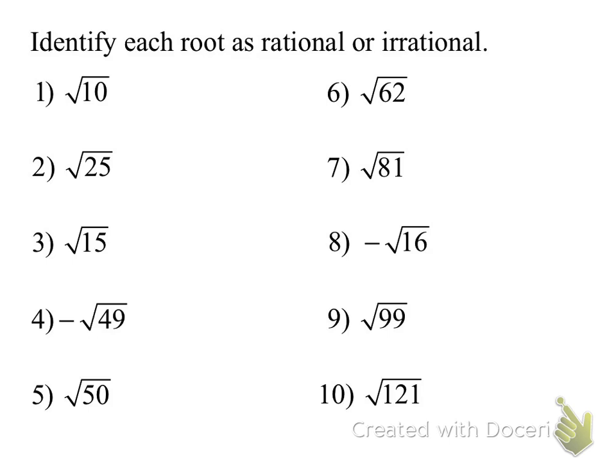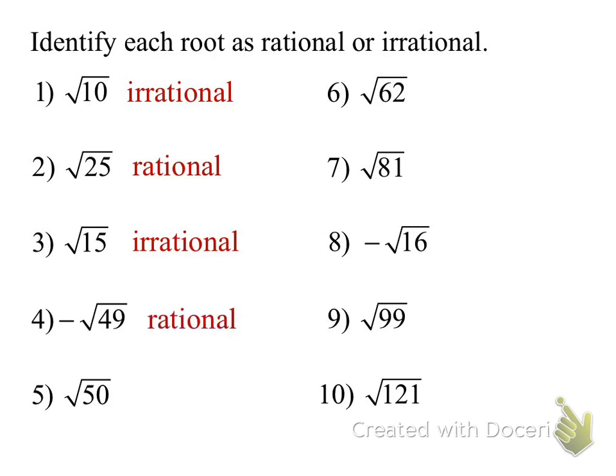Okay, number 1. Let's go with Brianna. Is it rational or irrational? Irrational. Good. Number 2, Jamie. Rational. Good. Number 3, Chloe. Irrational. Good. Number 4, Maddie. Rational. Good. Negative 7 is rational. Number 5, Isabella. Irrational. Next one, Tony.